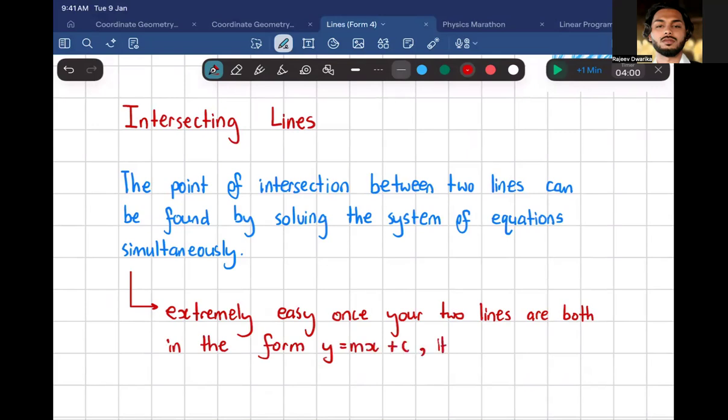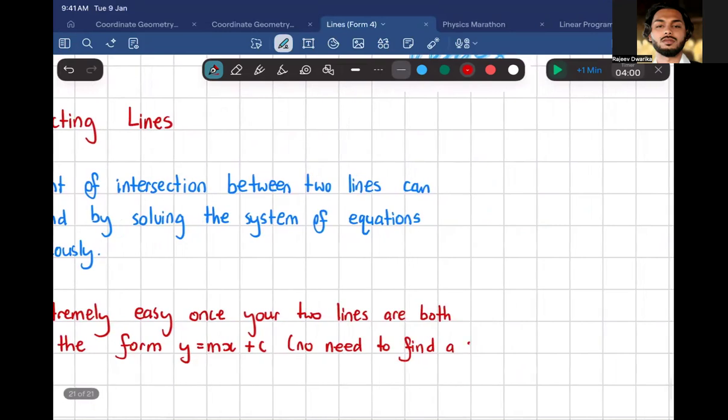It means that you don't have to find a third equation. No need to find a third equation.